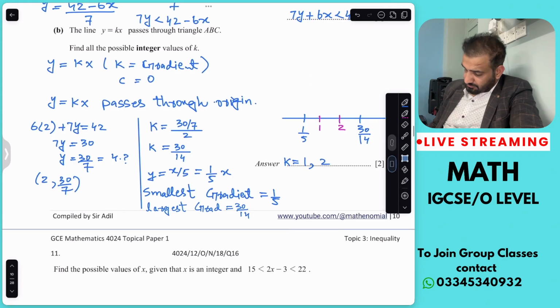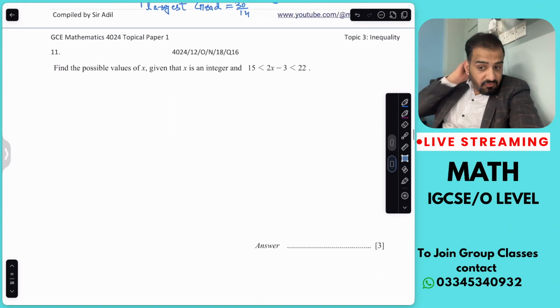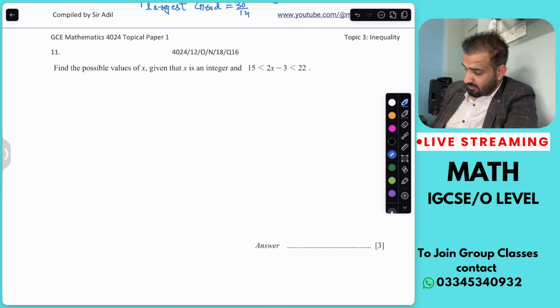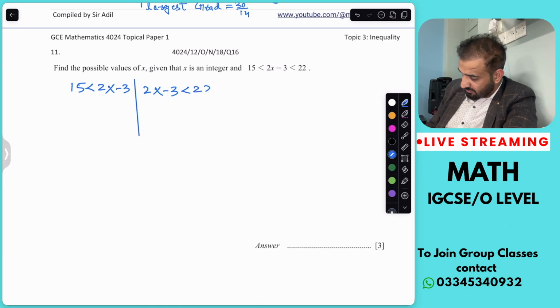Moving on to question 11. Find the possible values of x given that x is an integer. So simple. 15 less than 2x minus 3, and 2x minus 3 less than 22.